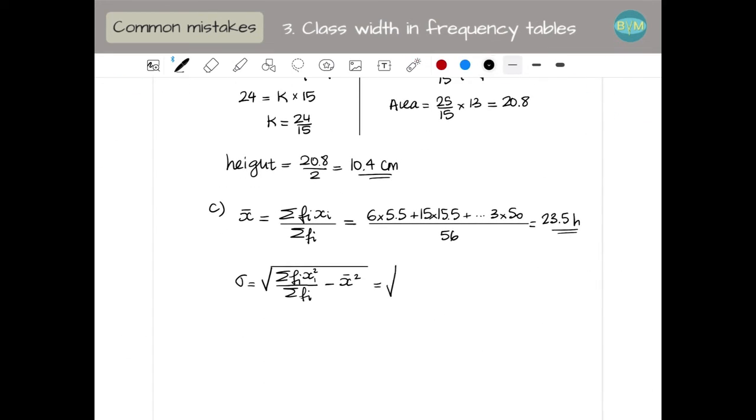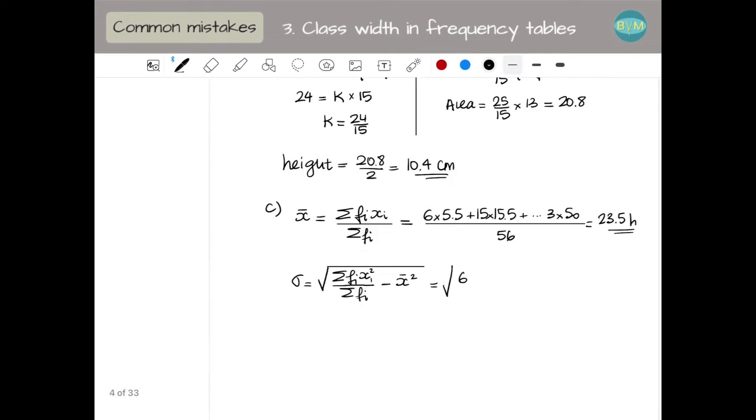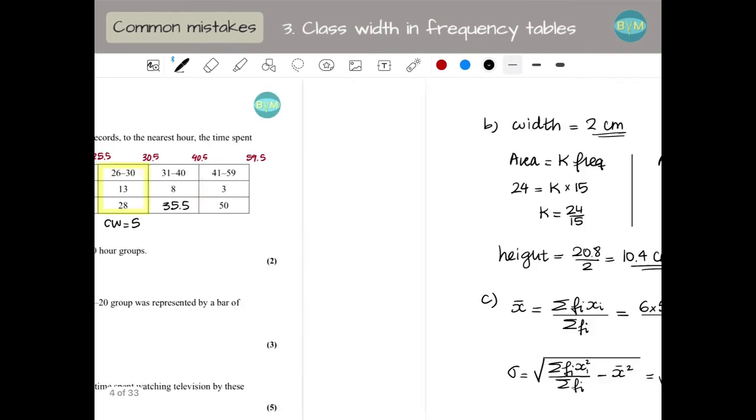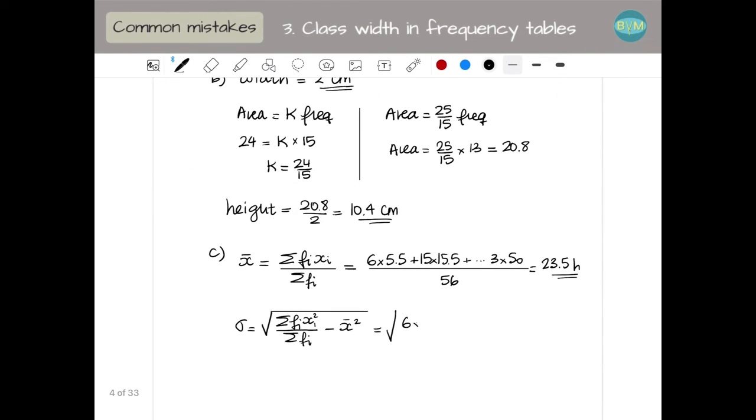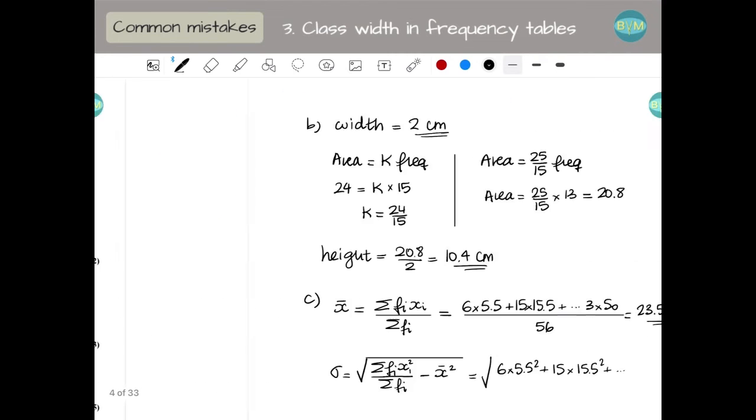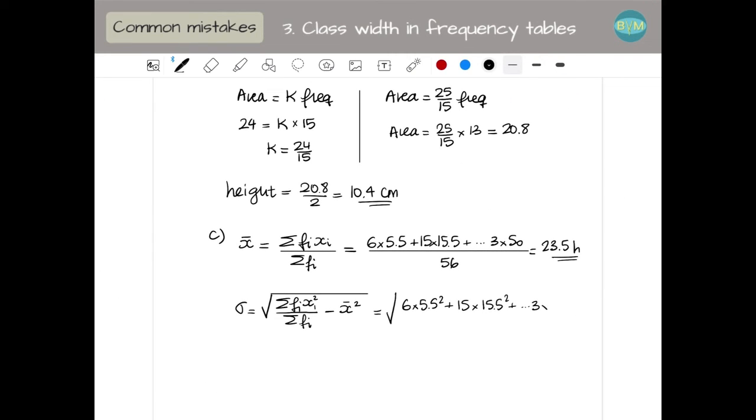So what we are doing is the square root of 6, which is the frequency, times 5.5 squared, plus 15 times 15.5 squared, plus 3, the frequency again, 3 times 50 squared.